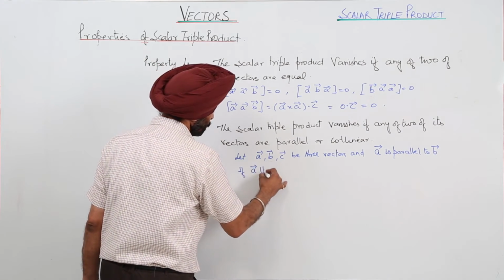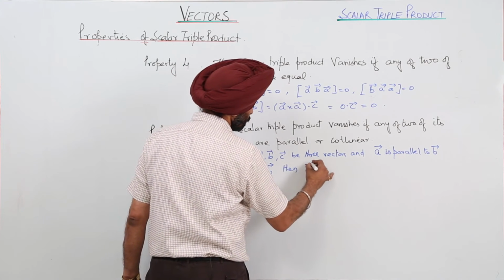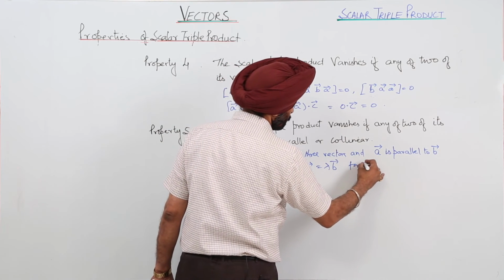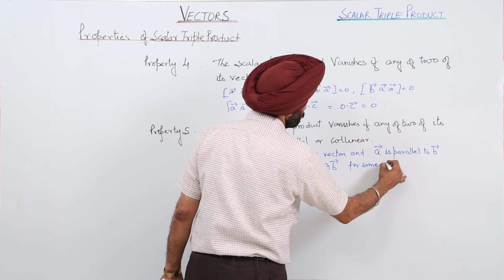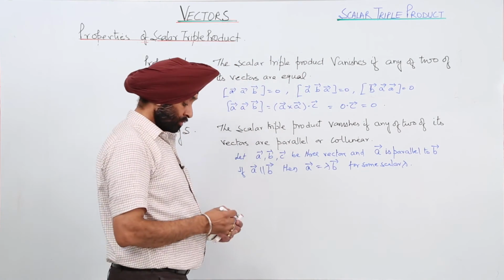If vector A is parallel to vector B, then vector A is equal to lambda vector B for some scalar lambda. Okay.